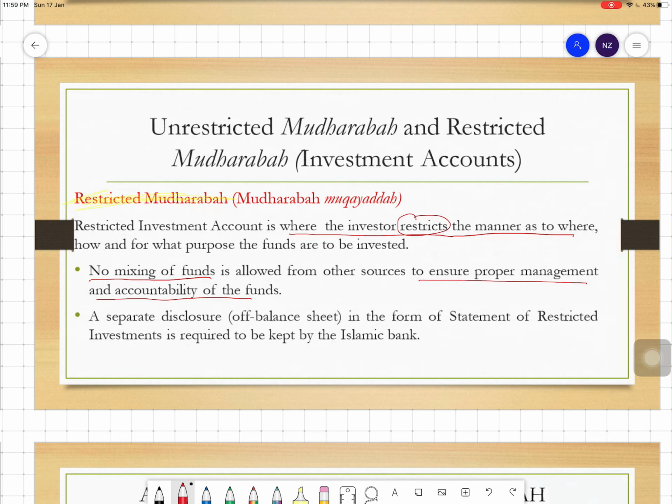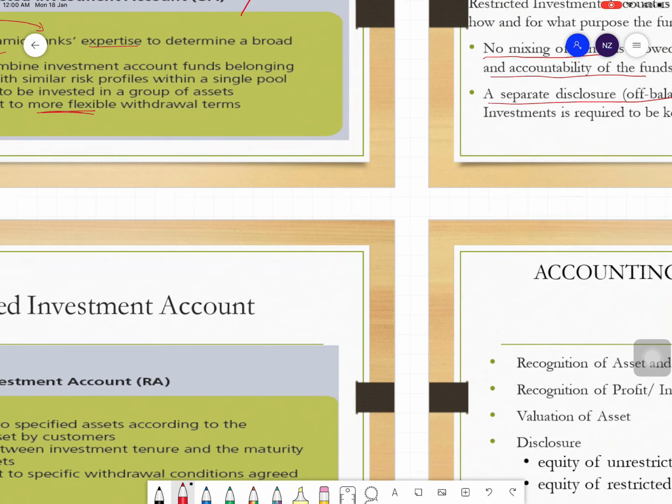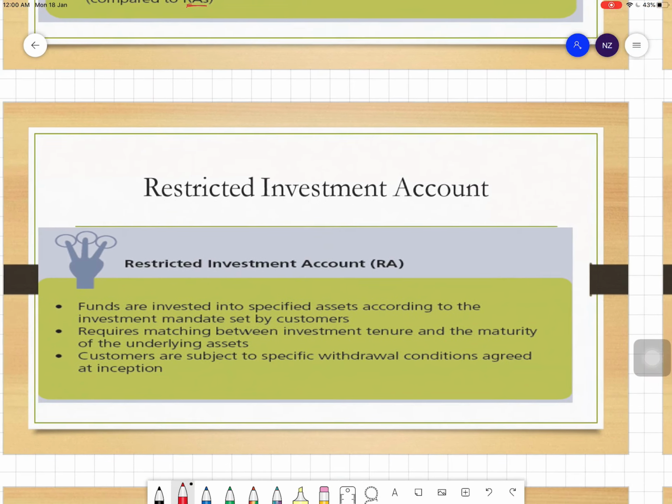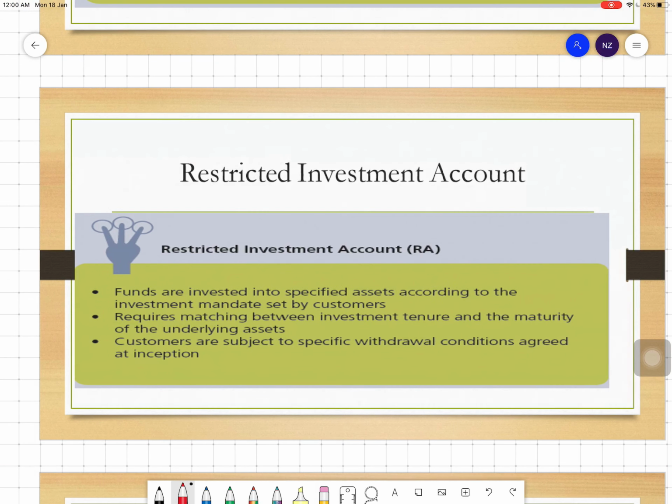And of course dia sama juga, a separate disclosure in the forms of statement of restricted investment is required to be kept by the Islamic bank. Macam tadi dia guna statements of unrestricted investment, but this one kita guna statements of restricted investment lah. Then what is the characteristic or situation to portray restricted investment account ni?